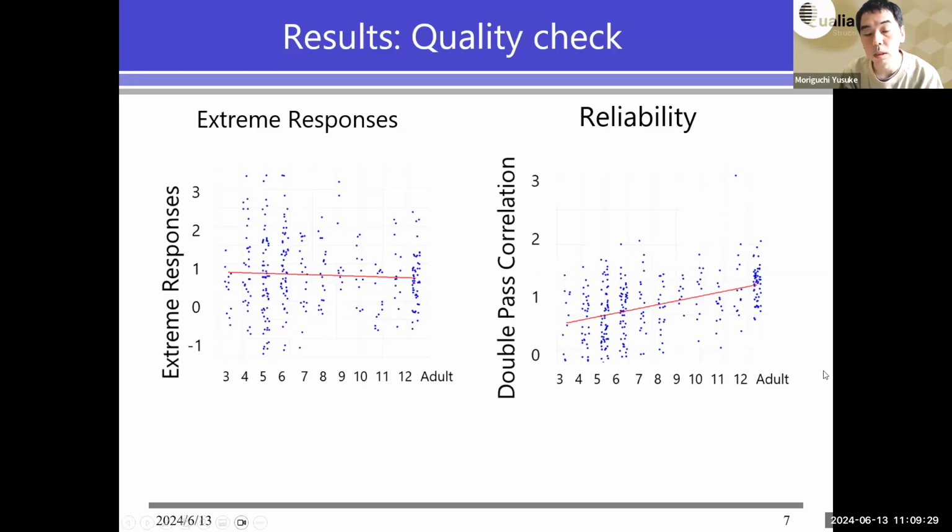This is the result of the reliability. The y-axis represents the Z transformation of the double pass correlation. As you see, reliability increases as a function of age. 3-year-old children's reliability is relatively low, but it increases with age. So we found an age effect in this result.